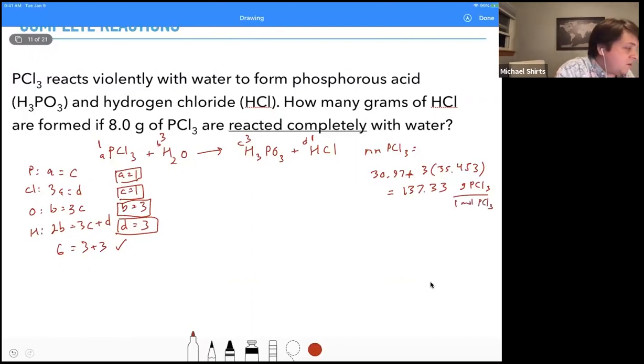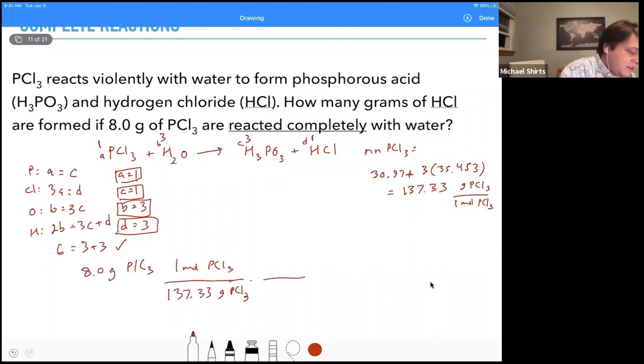And so we take 8.0 grams of PCl3 and convert it into moles. 137.33 grams of PCl3 is equivalent to 1 mole of PCl3. And now we know from the balanced chemical reaction that 1 mole of PCl3 produces how much HCl?